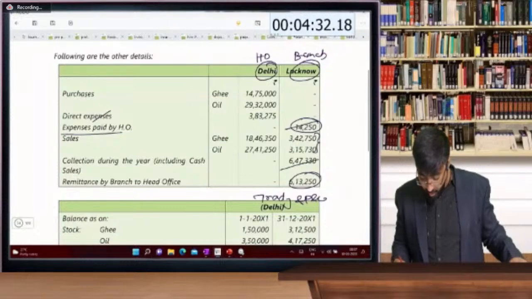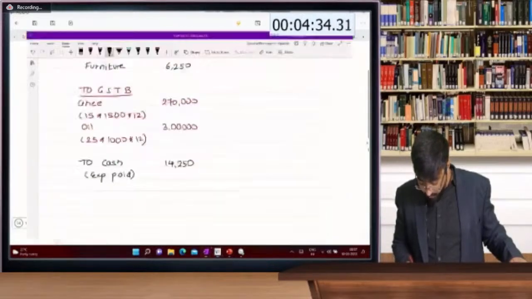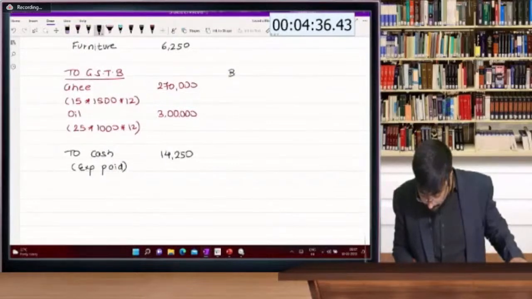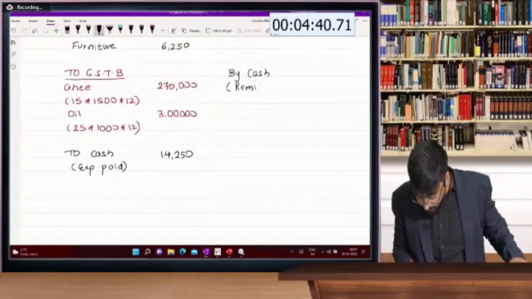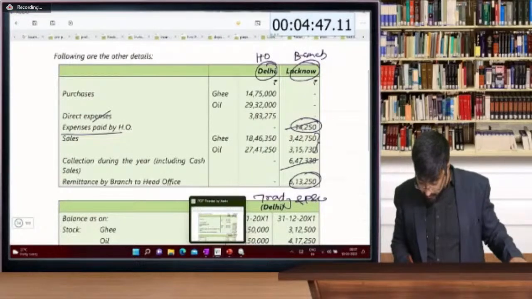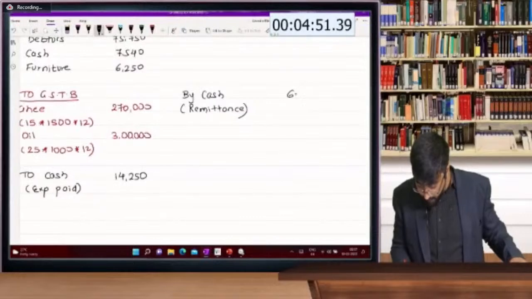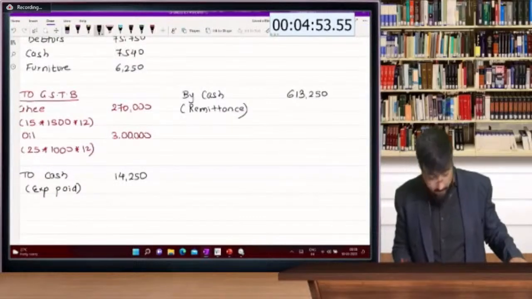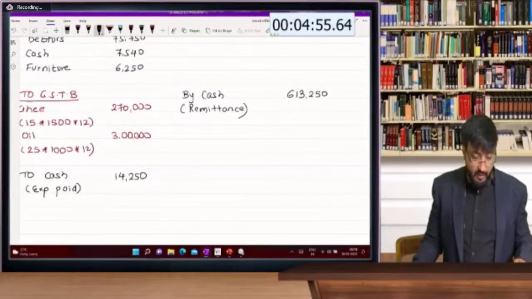Collection we won't record. Remittance we will record. 613,250.